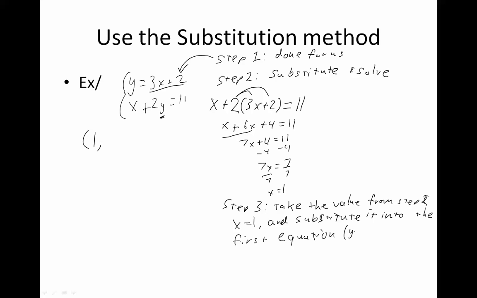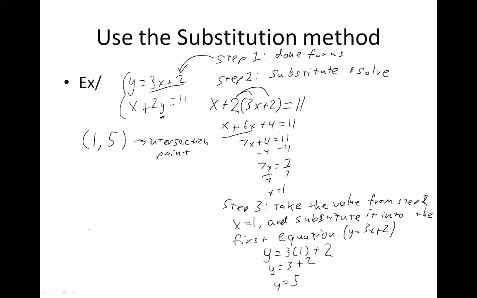And that equation is y equals 3x plus 2. Because look what happens when we do that. When I substitute the 1 in for the x in the equation, I get y equals 3 times 1 plus 2. Well, there's no x's in this equation now. If I were to solve this, I would end up with the y value. So there we go, 1, 5. And that is going to be the solution to this system of equations. It is the intersection point.